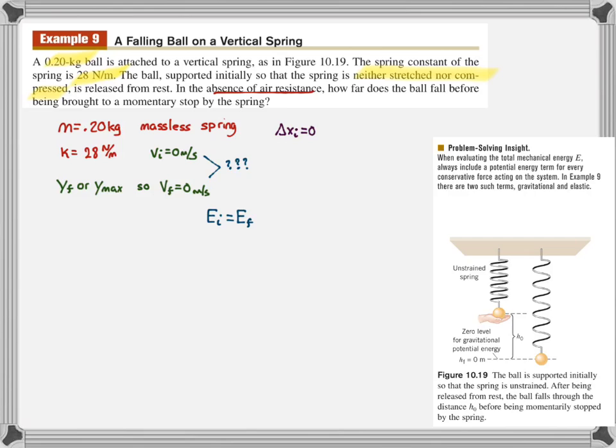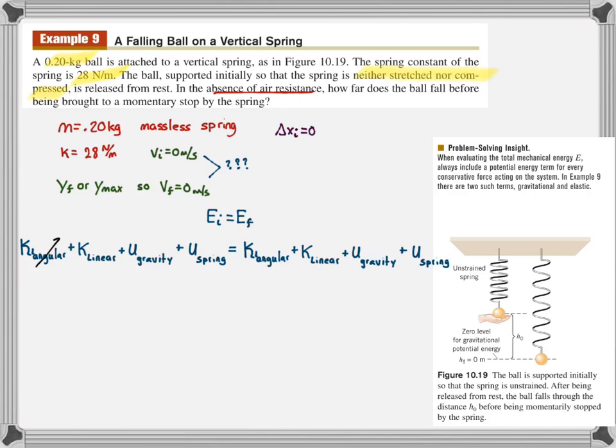Since mechanical energy initial equals mechanical energy final, we have all our kinetic energy initial plus all our potential energy initial, equals all our kinetic energy final plus all our potential energy final. And we can clean a few things up. Again, just like before, there's no rotating objects, so we don't have to worry about angular kinetic energy.